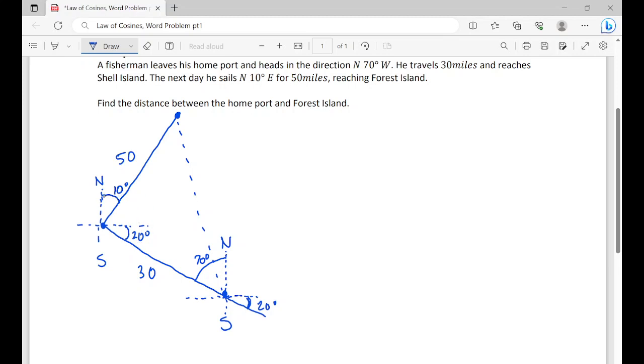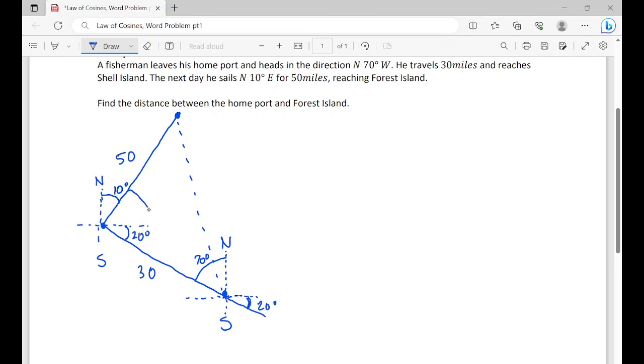I know that this measurement from here to here is 90. And so if this is 10 degrees, that means the remaining degree measurement here has to be 80. And if this degree measurement from here to here is 20, then 80 and 20 here will give me 100.